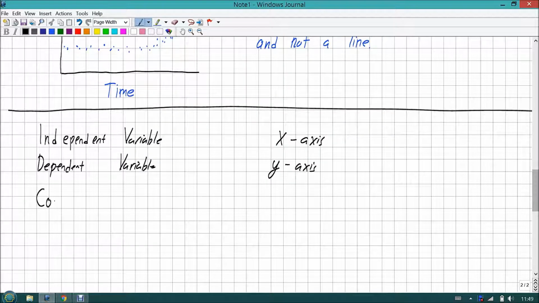We have learned about continuous graph versus discrete, where continuous is a nice pretty line, where a discrete graph would be a lot of points.